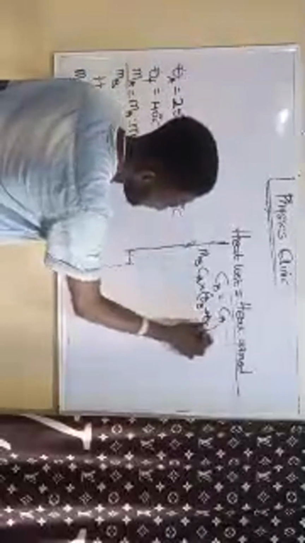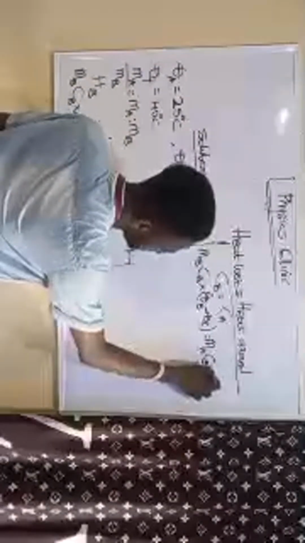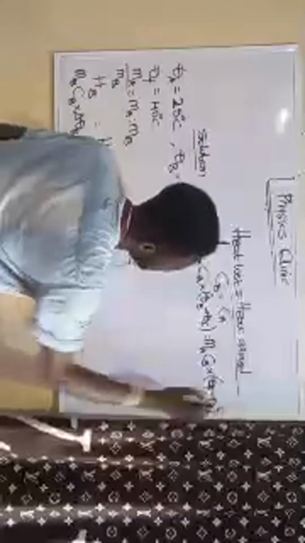So this is theta B minus the final temperature, theta F, equal to mass of A. Since CB is equal to CA, because they are both water, here will be CB, times the change for tap A. Tap A is the one gaining heat, therefore theta F will be greater than theta A.